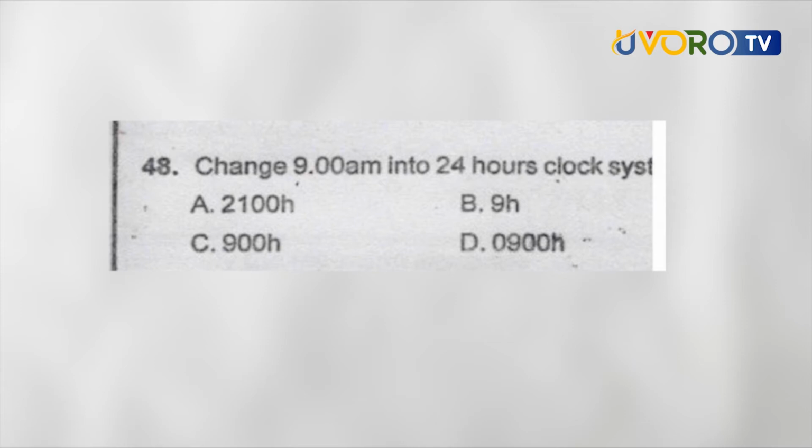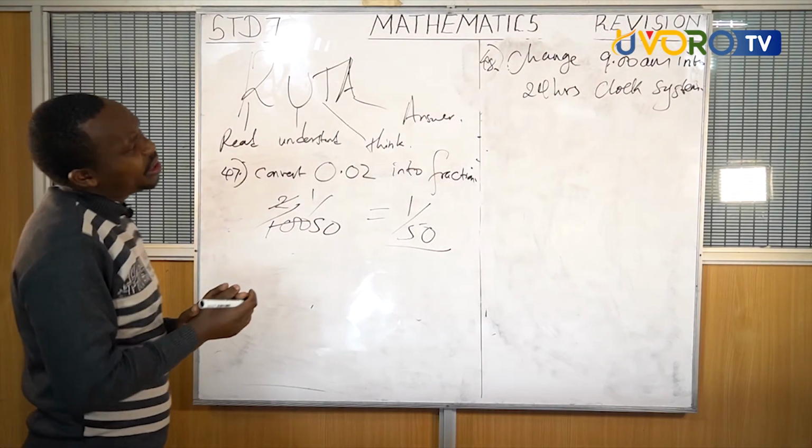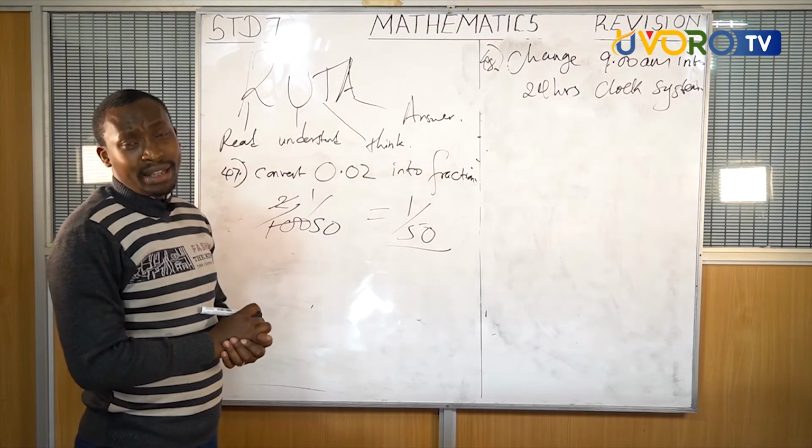Clock system. This is number what? Number 48. Now, as you can see, you are told to change that into what? 24-hour clock system. A very simple sum.